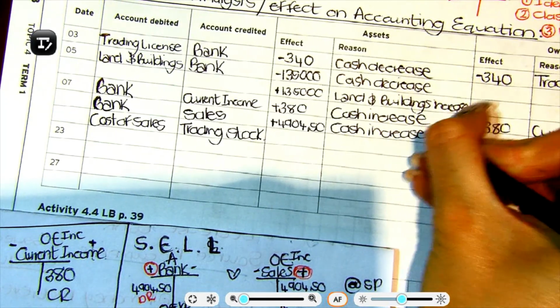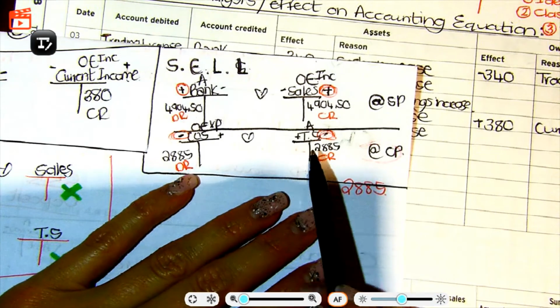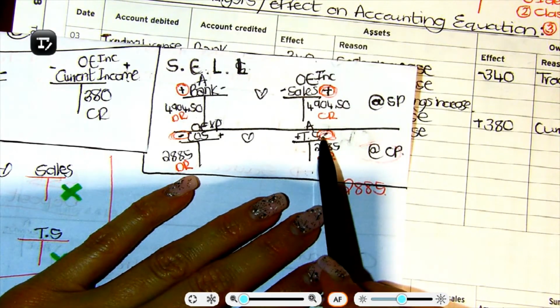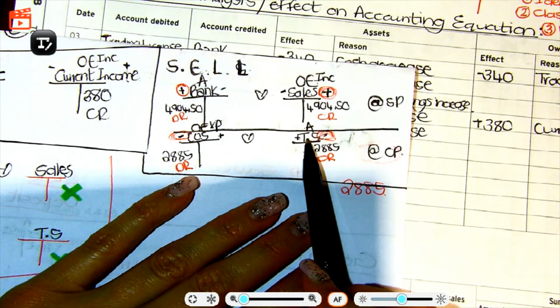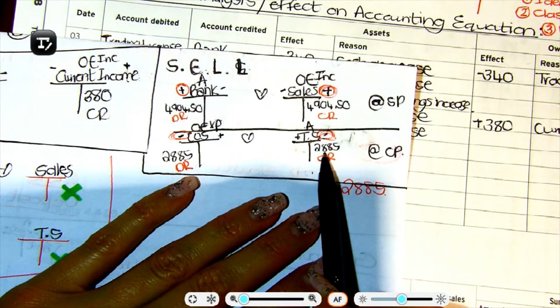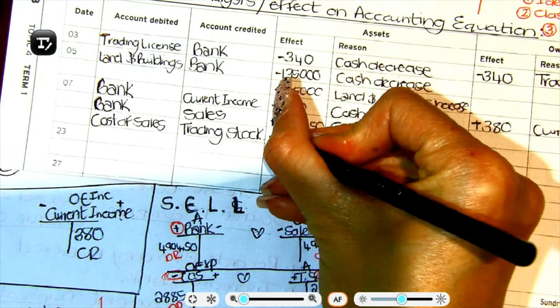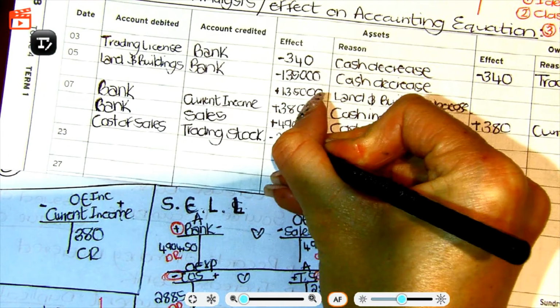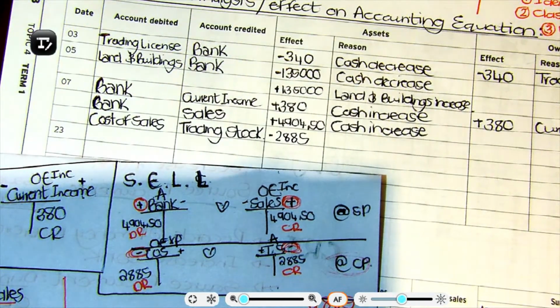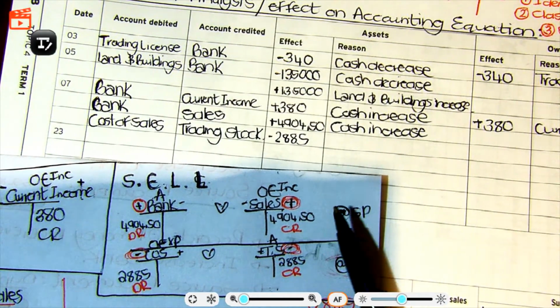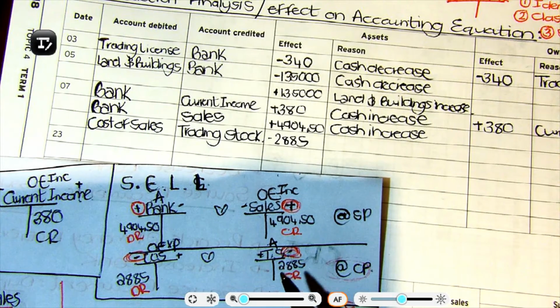Okay, but I have another asset here, trading stock. What happened to my asset trading stock? My asset trading stock decreased by 2,885. Minus 2,885. Now, as you'll notice, those two amounts are different. One is my selling price and the other one is my cost price.